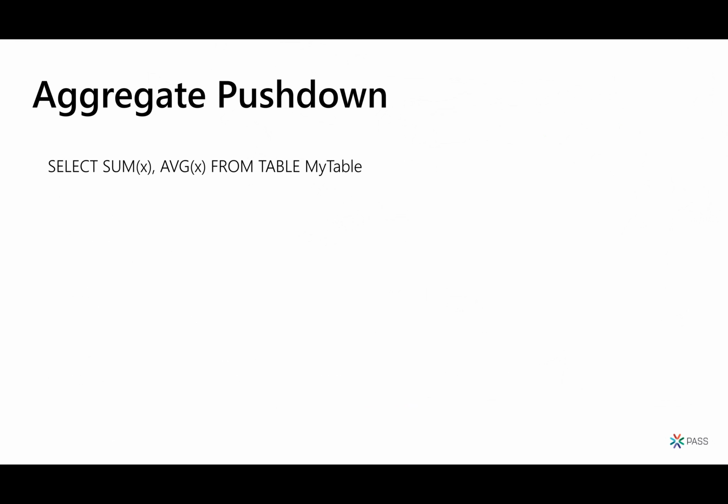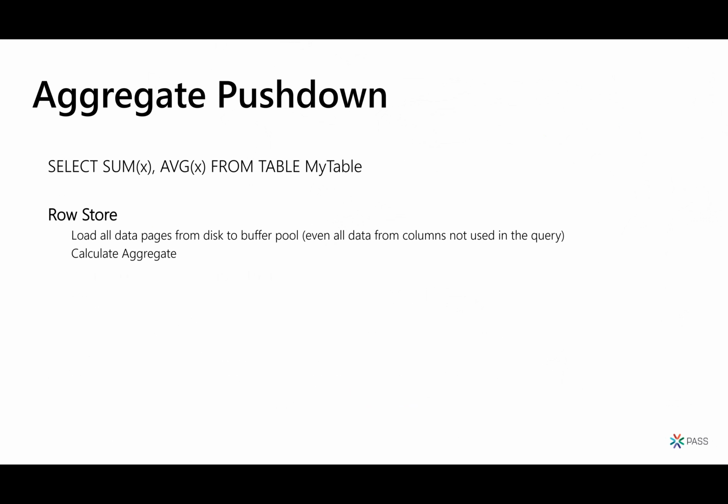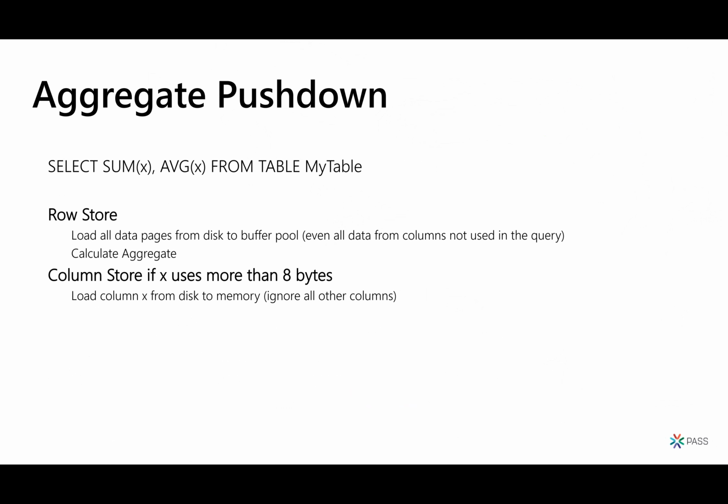So for example, if you need a sum or an average from my table, in a row store, you load the page, you scan through every row, you take the value, you calculate your aggregate, and you move on. In column store, if it's more than 8 bytes, you just load the one column, but you do the same thing. You run through every value and calculate the aggregate.